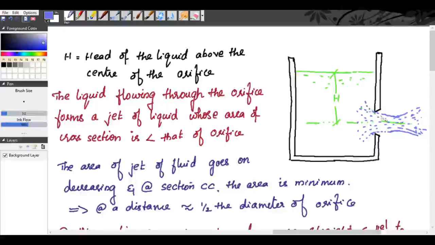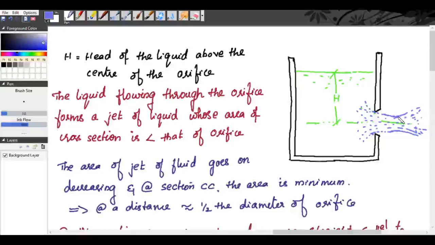Now the area of the jet of fluid goes on decreasing up to section CC, where the area is minimum. That is at a distance of approximately half the diameter of the orifice. You have the diameter of this circular orifice, so up to a distance of half the diameter. It is an assumption.